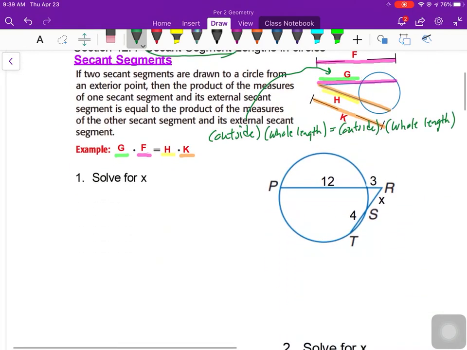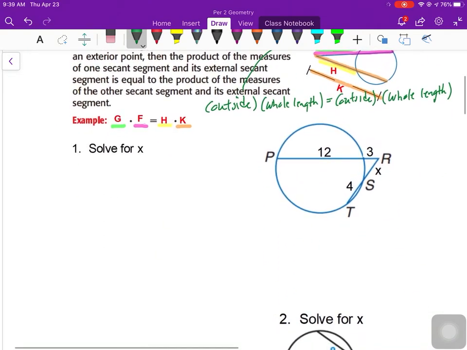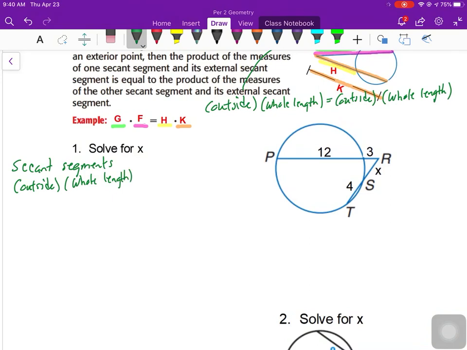Let's take a look at an example of this. So if you look here, in number 1, we have secant segments. When you have secant segments, the pattern you think of is outside times whole length equals outside times whole length. And I would encourage you to first label the whole lengths.